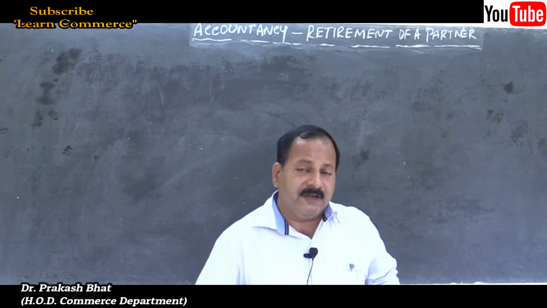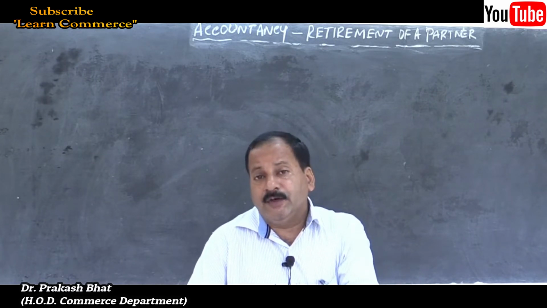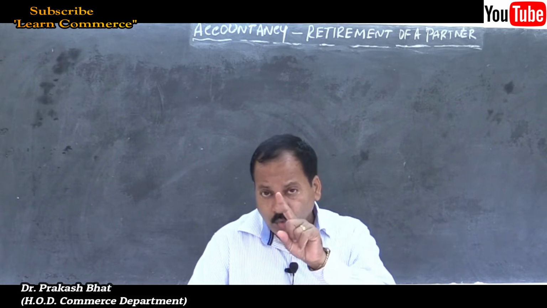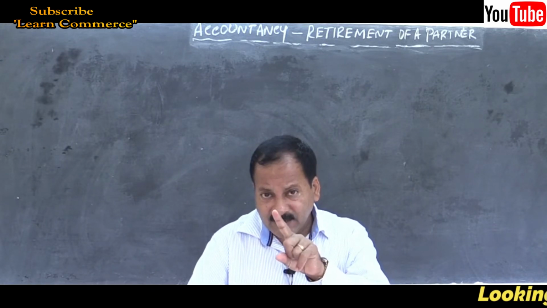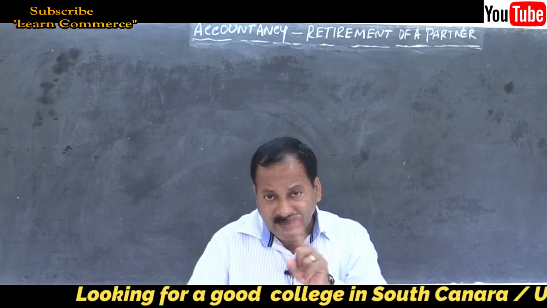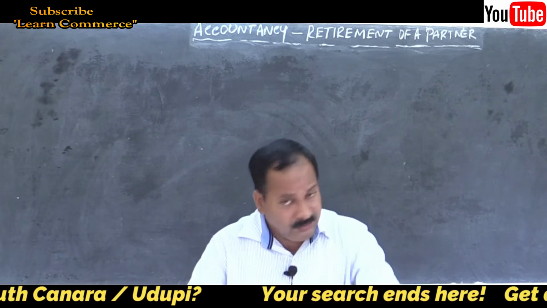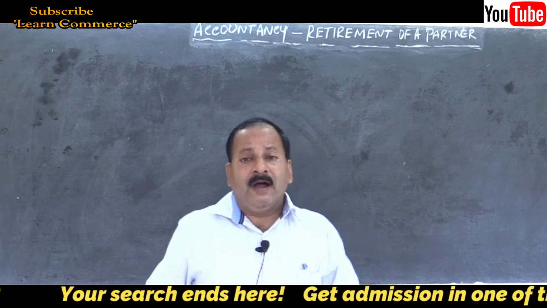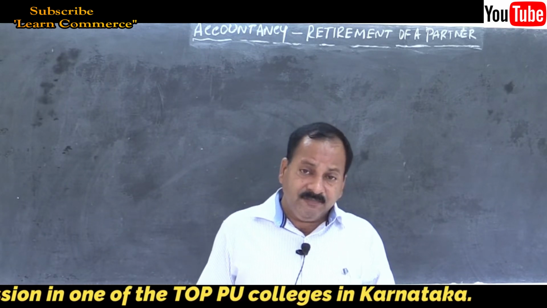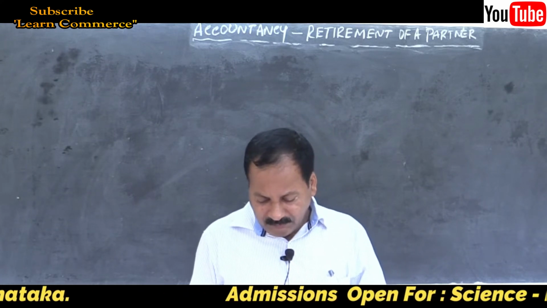We have to transfer it to the partners' capital accounts, the credit side of partners' capital accounts. Not only to continuing partners, but also to the retiring partner, that is all partners' capital accounts should be credited with reserve in their old profit sharing ratio. That is what you have to do.